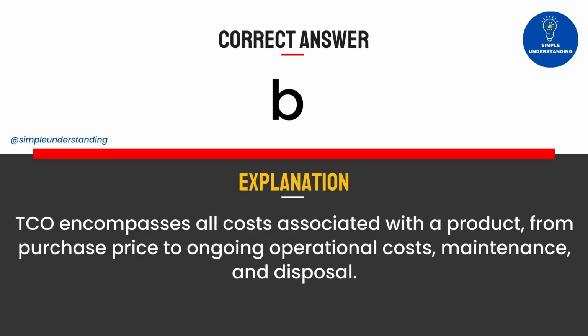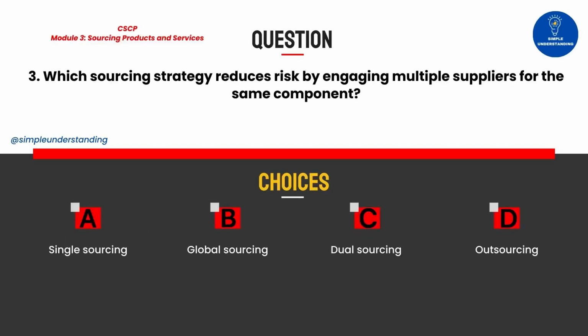Correct answer B. Explanation. TCO encompasses all costs associated with a product, from purchase price to ongoing operational costs, maintenance, and disposal.